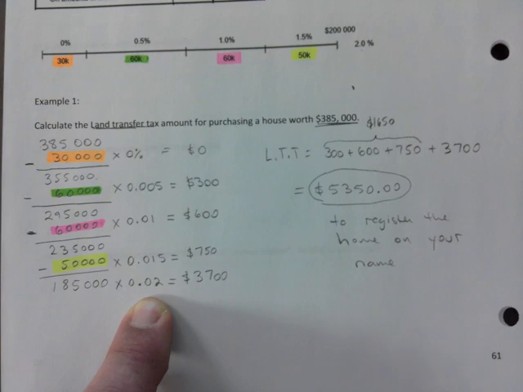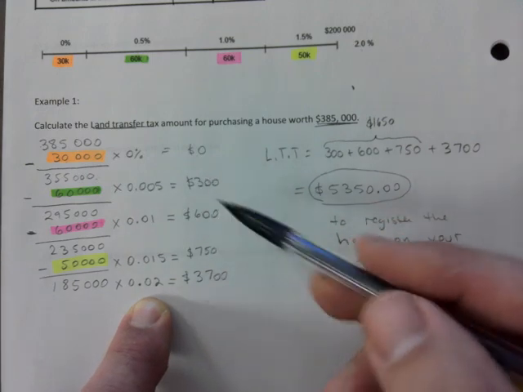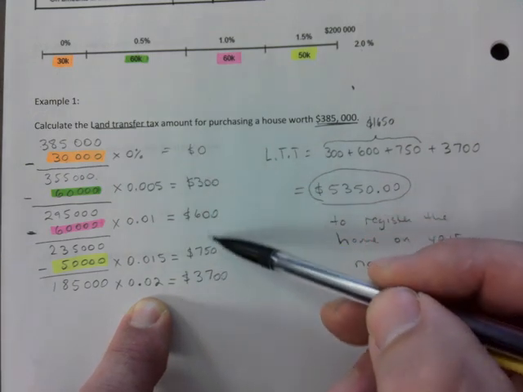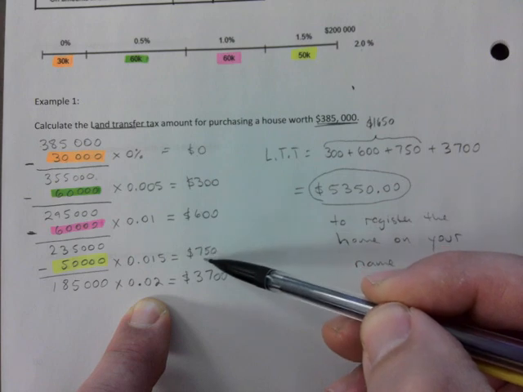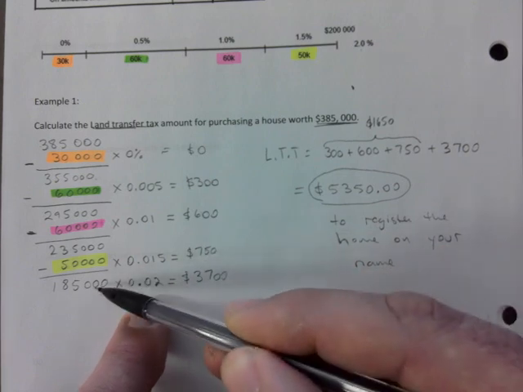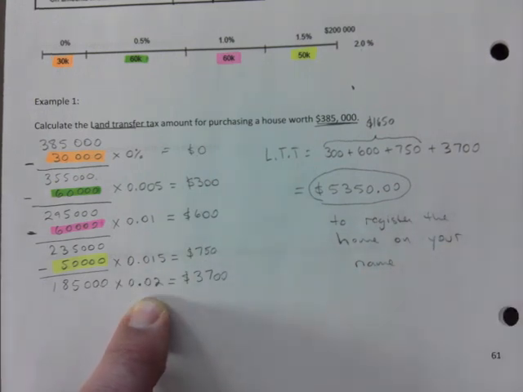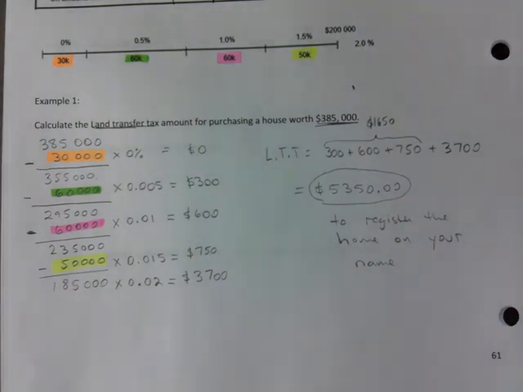Because if you remember that, you know, oh, this house is over 200,000, so I for sure will have to pay the 1650, and then I'll have to pay 2% on whatever is above 200,000. But if that hurts your brain, just stick with my method, and it works every single time.